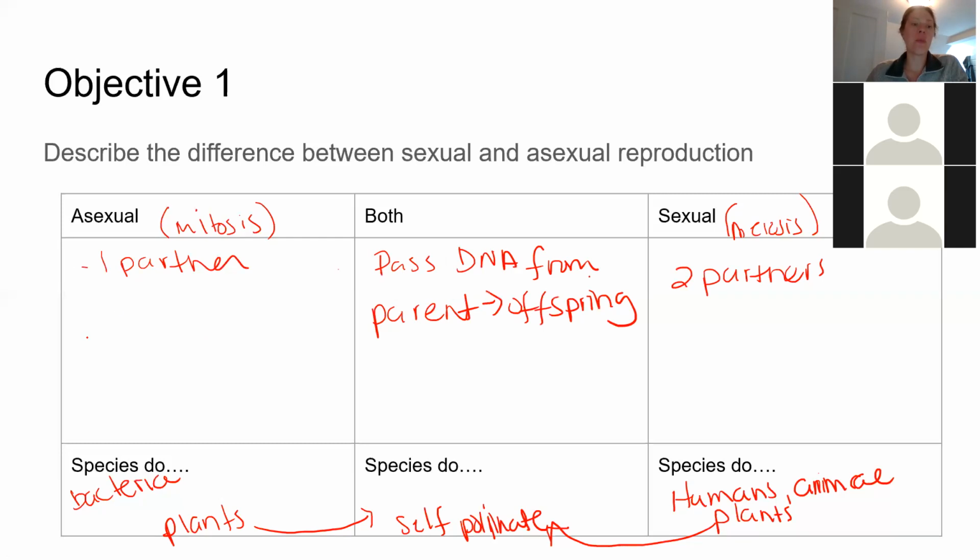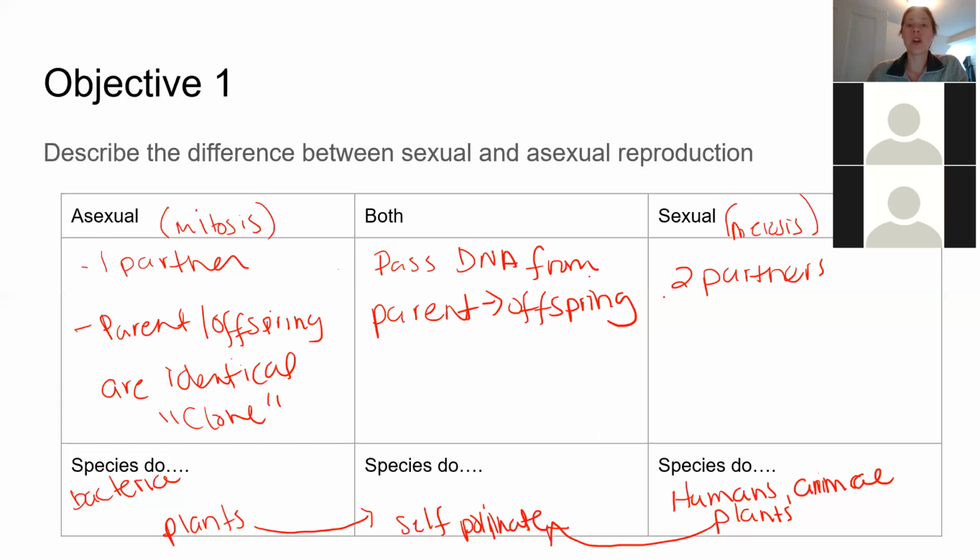In asexual reproduction, the parent and the offspring are identical. Because we only have one partner, it's basically cloning itself.